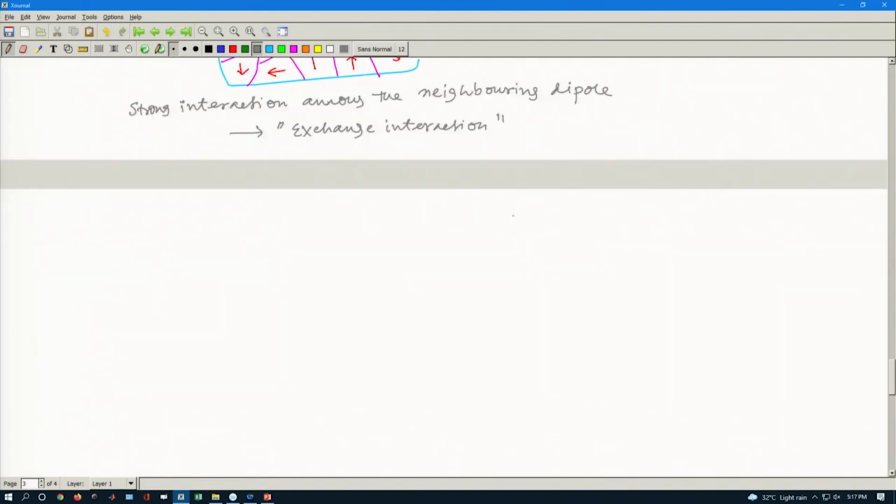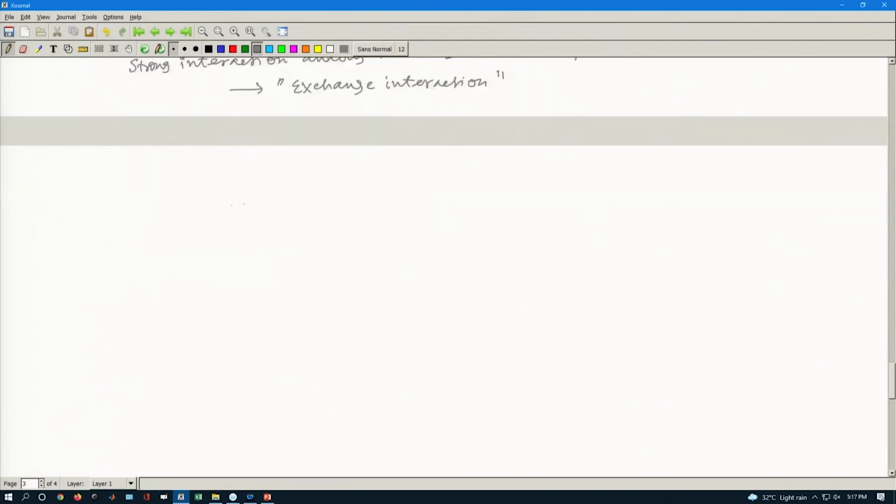Due to this strong exchange interaction in a domain, what happened?